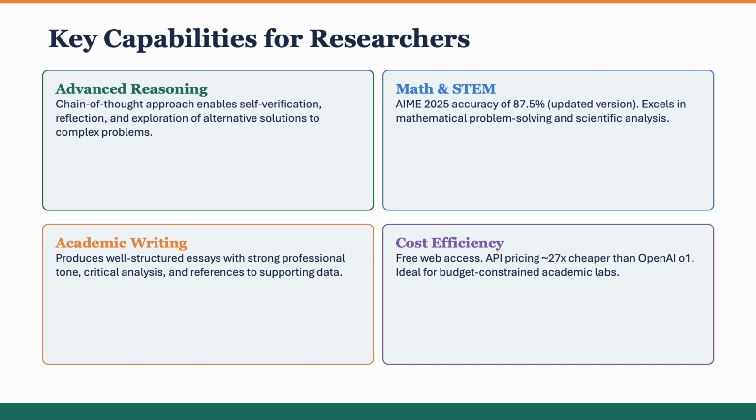Now let us talk about what DeepSeek R1 can actually do well. The DeepSeek R1 paper on arXiv, paper number 2501.12948, shows four standout capabilities. First, advanced reasoning. The model was trained using reinforcement learning, specifically a technique called Group Relative Policy Optimization, or GRPO, which allows it to develop chain-of-thought reasoning patterns.